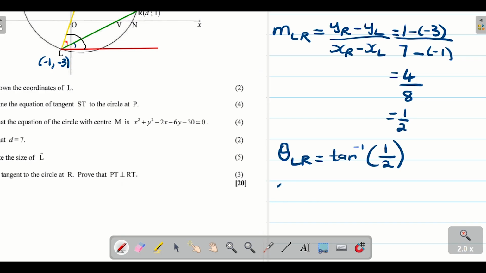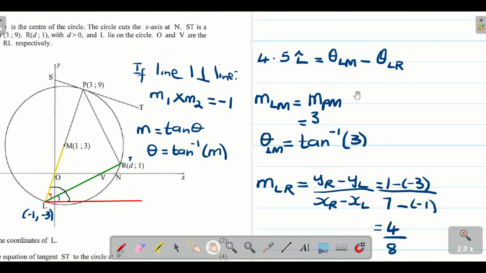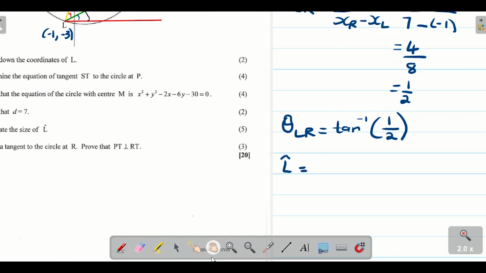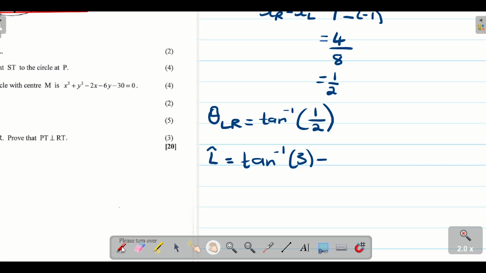So angle L is going to be equal to, we're going to substitute the angle of inclination of LM, which is shift tan 3, minus the angle of inclination of LR, which is shift tan half.